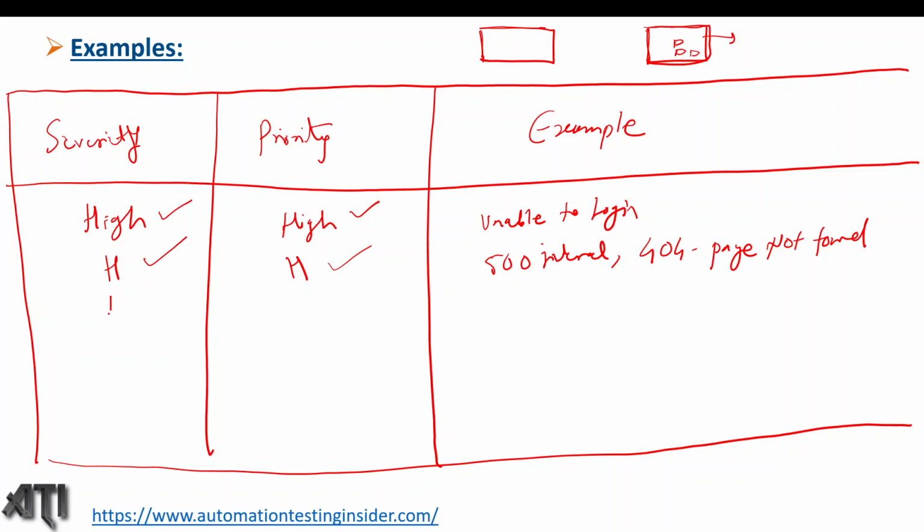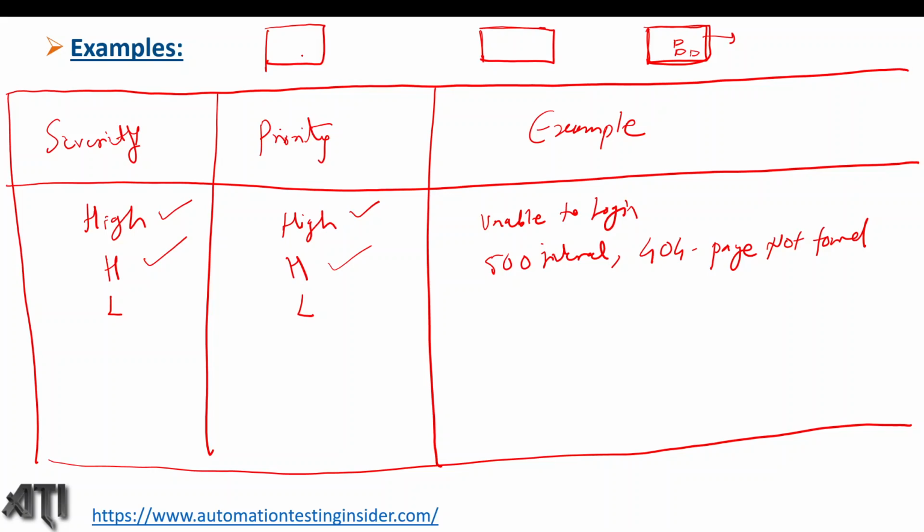Now let's talk about low severity and low priority defects, guys. So, any spelling mistakes on the web page. Let's say we have a website, and at the end of the page, at the bottom, we have some spelling mistakes.